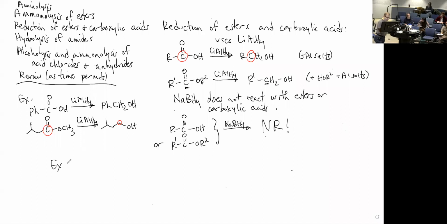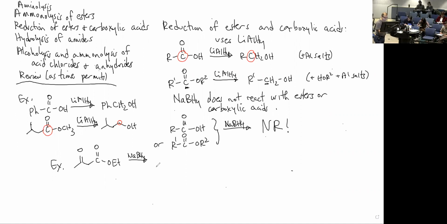So let's say that we took this compound. That has both a ketone and an ester. If you were to treat this with sodium borohydride, it will reduce the ketone. That was part of the chapter 9 material, but it will not touch the ester.